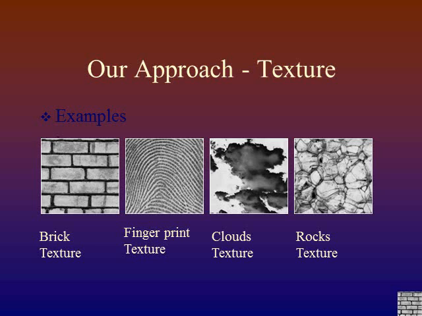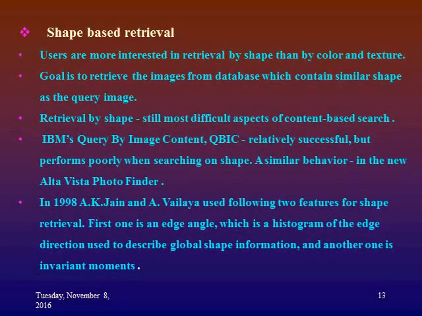It can be brick texture, fingerprint texture, which can be used in elections for allowing access to vote, and then cloud textures and rock textures used in satellites.